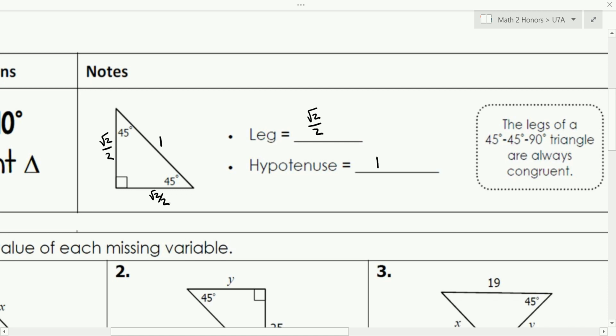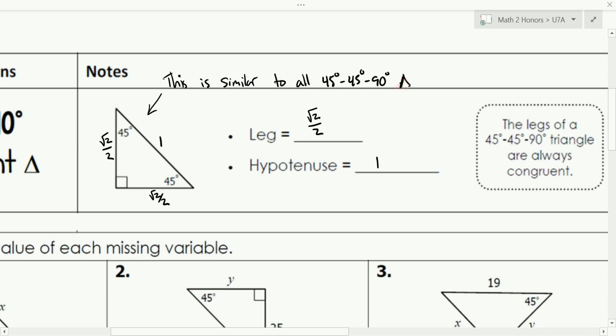And this triangle, what was our last unit on? Similarity. This triangle is similar to all 45, 45, 90 right triangles.